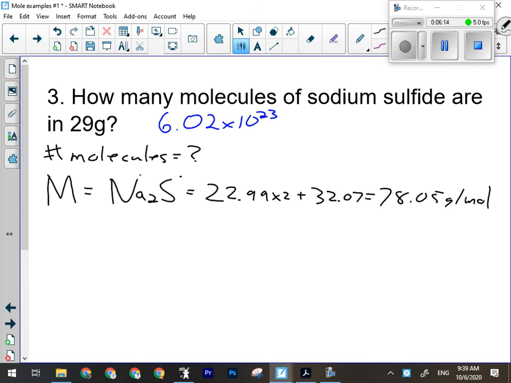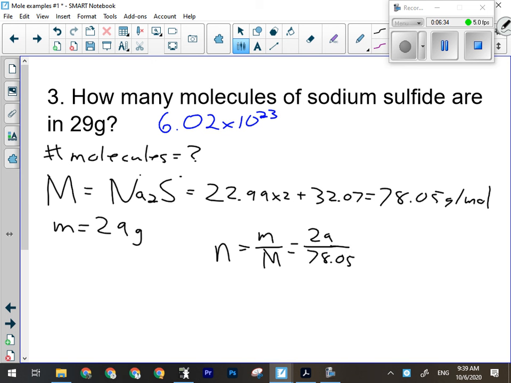The other thing they tell us is that there are 29 grams of sodium sulfide. What can I find with little m and big M right now? The number of moles, so I should do that first. N equals little m over big M, so that'll be 29 grams divided by 78.05.